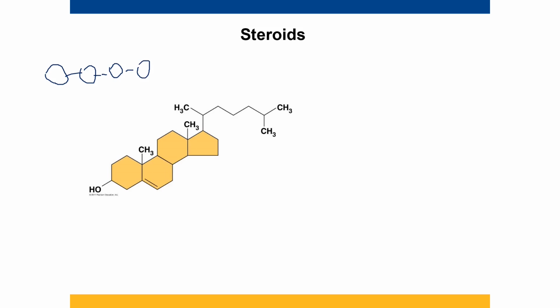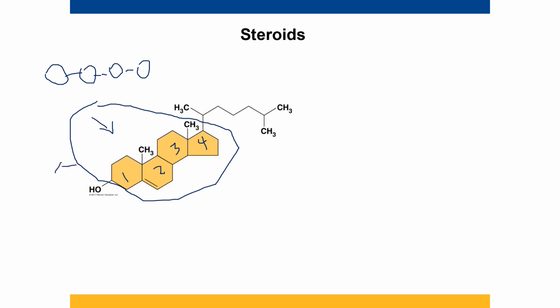Lipids, as they are such a large and diverse group, don't form polymers, so they will be very different from phospholipids. But this group has something in particular: they have 1, 2, 3, and 4 rings in the carbon skeleton. And this is a key feature.